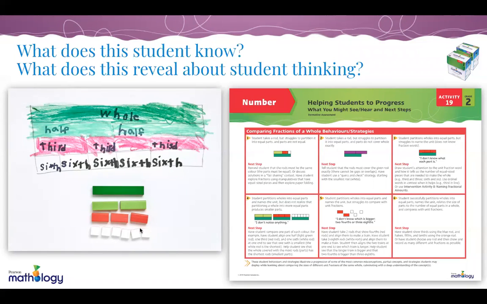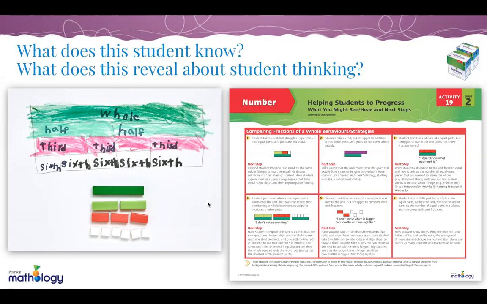In the concrete materials, they've demonstrated that thinking, and when they've transferred it into a pictorial representation, they may have made a mistake, whether it's intentional or not. So we may want to draw some attention to that. We may ask a question to see if they notice that error of splitting the last third into only 1/6 rather than into 2/6.